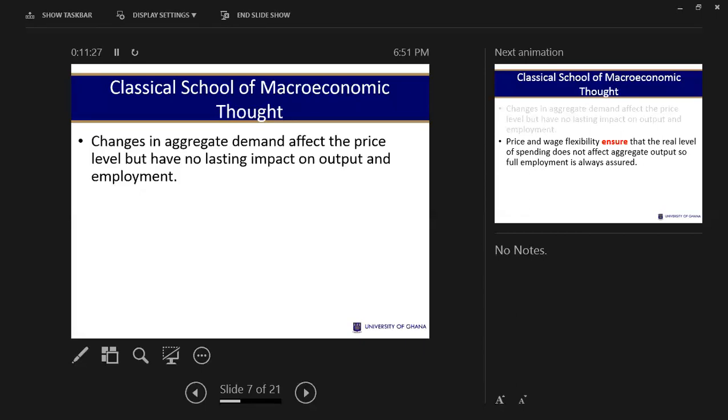Even if there was a change, they just saw that change as temporary. It was just a short-term disequilibrium. So the basic thing you need to know is they believed in supply-side factors affecting real variables like output. Any factor from the demand side could only cause changes in price.